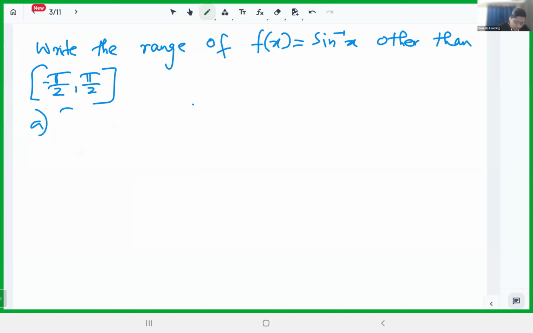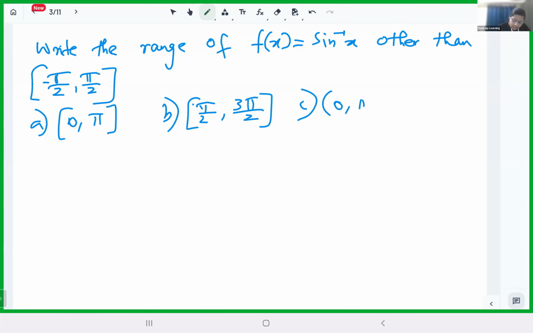The options are: closed interval 0 pi; then closed interval pi by 2 comma 3 pi by 2; then the third option is open interval 0 pi; then the fourth option is minus pi comma pi.